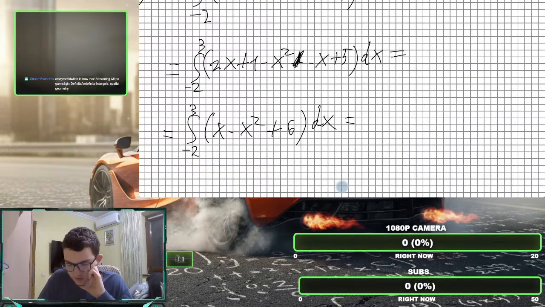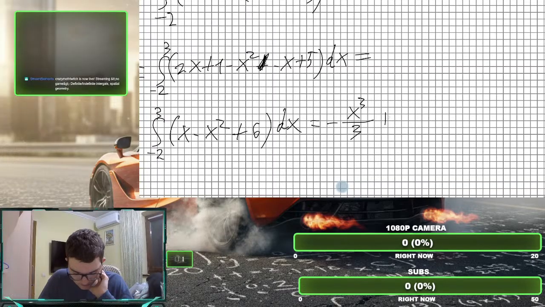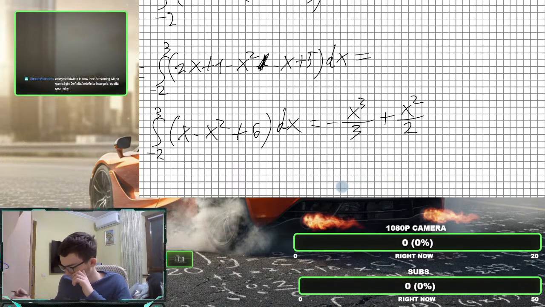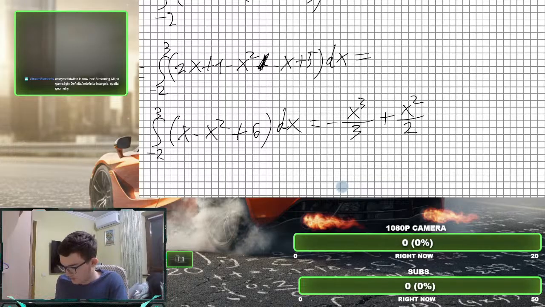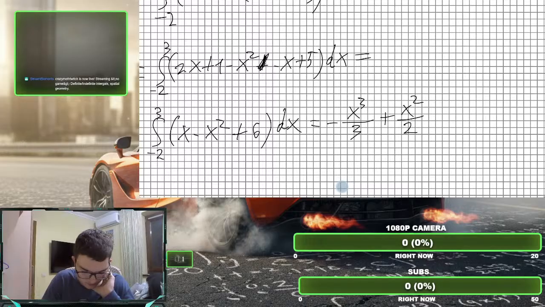So no need for u substitution, no need for integration by parts here. So you'll just have minus x to the power of 3 divided by 3 plus x to the power of 2 divided by 2, and the number that you know is just plus 6x, right? So this is what I think it is.